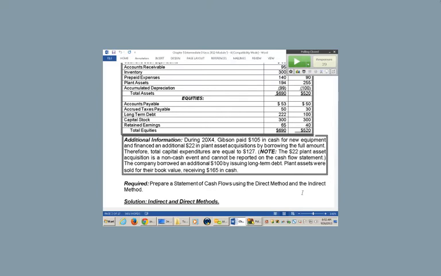So again, thinking about our investing activities, we have a plant acquisition, we have 105 in cash, and we have 22 that's financed.